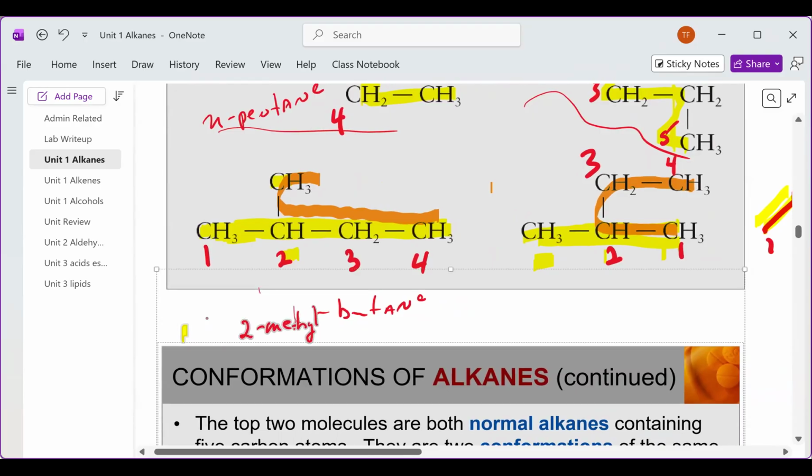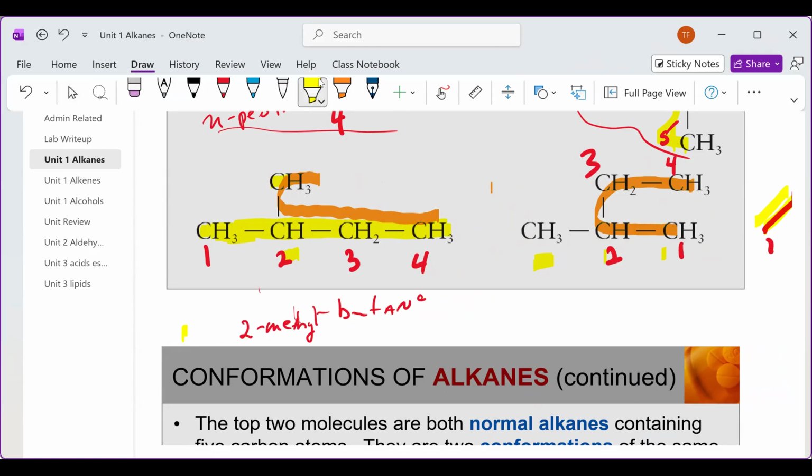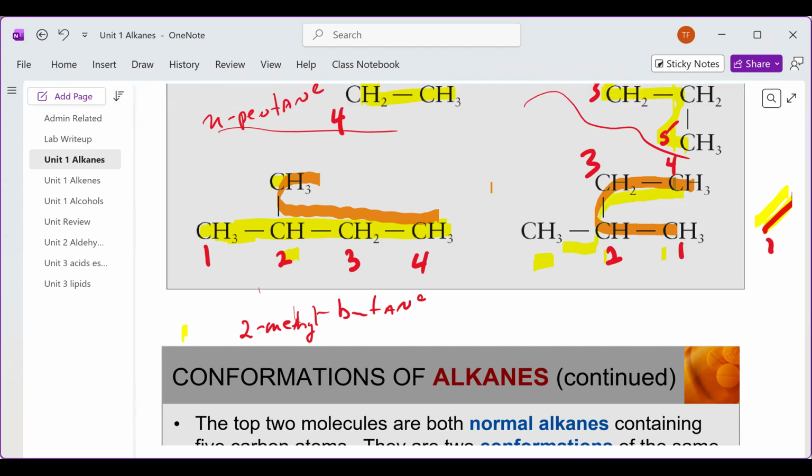This one over here got a 4 carbon backbone as well. 1, 2, 3, 4. So we can go like this, with this methyl over here being the branch.